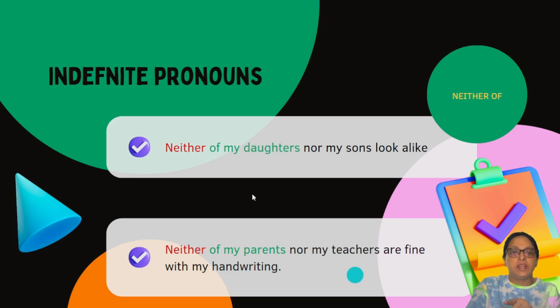So definitely when a plural subject is added, the verb will become plural, just like here, we have added "are fine with my handwriting." So what does this sentence mean? That none of them, neither my parents nor my teachers, are fine with my handwriting.